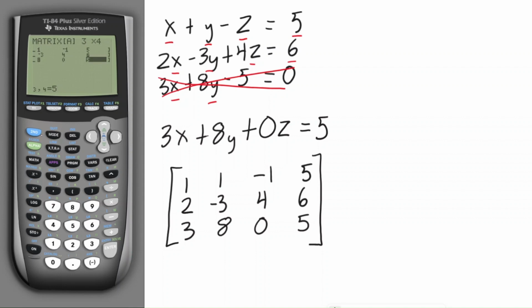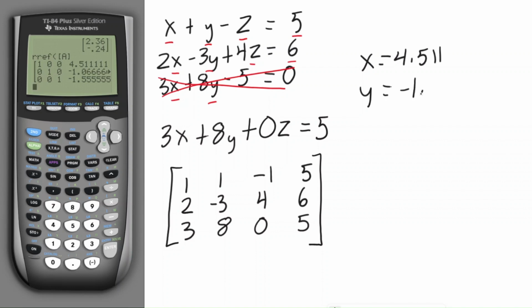Now that we've got it typed in, we're just going to go to the matrix math, RREF, just like before. And then we have to give it the matrix, so matrix A. So that tells us that x is 4.51, y is -1.07, and z is -1.55, whatever. And so that was it.